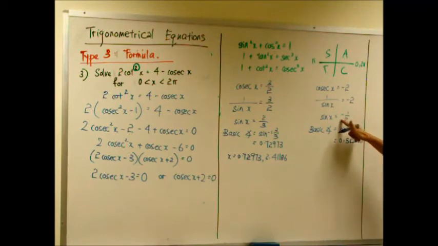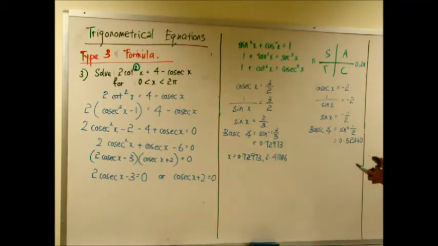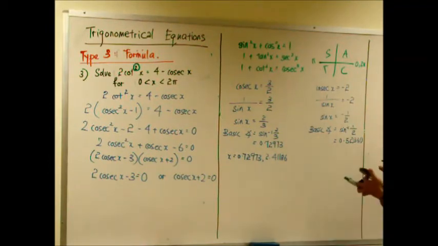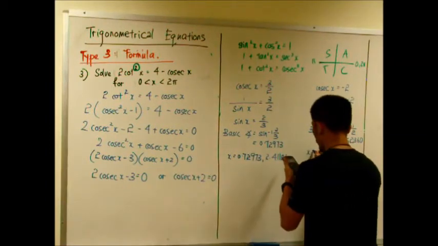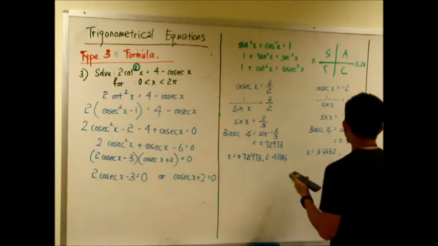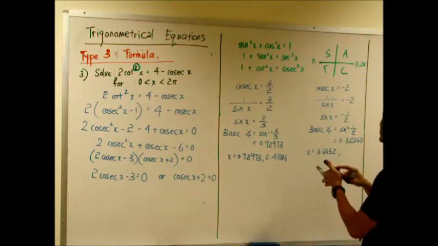And check. Sine is negative, meaning it must lie in the third as well as the fourth quadrant. If it's in the third quadrant, it's pi plus the basic angle. Likewise, if it's in the last quadrant, it must be 2 pi minus the basic angle.